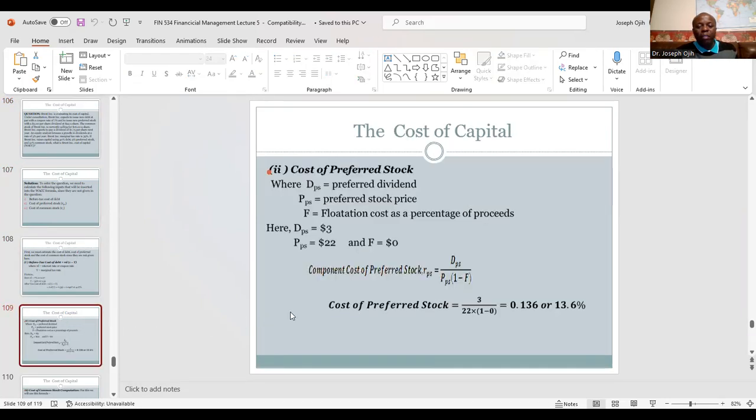Which means we put the preferred dividend of $3 first, and then the stock price of $22. So let's put them here.